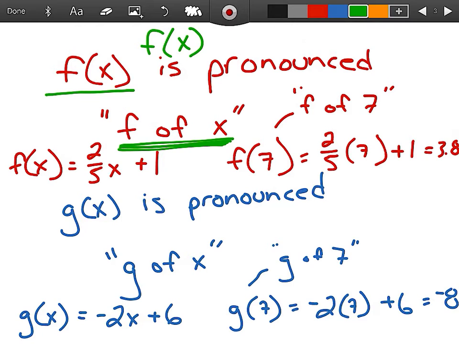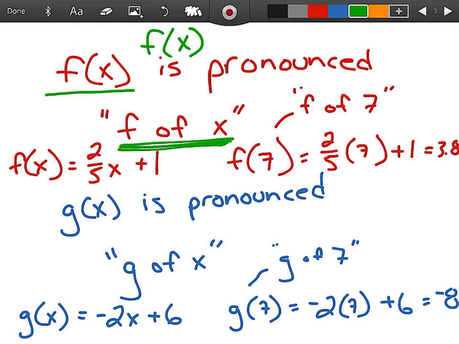Y is a function of x, but we're changing the way we use it. Because we're going to have multiple y's on one plot at one time, we don't want to say y1 and y2. They change it up and say it's a function of x.